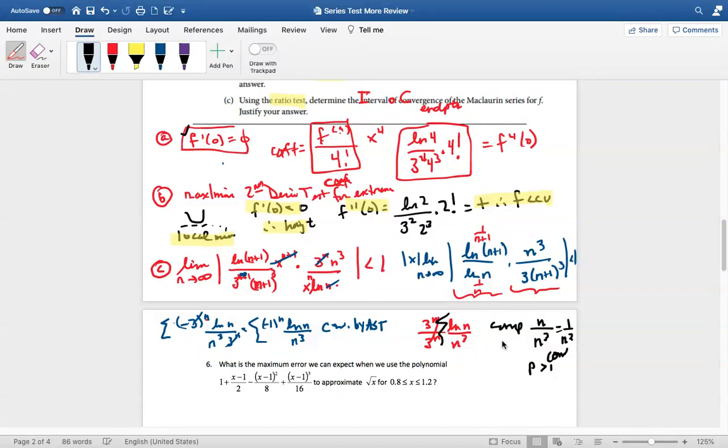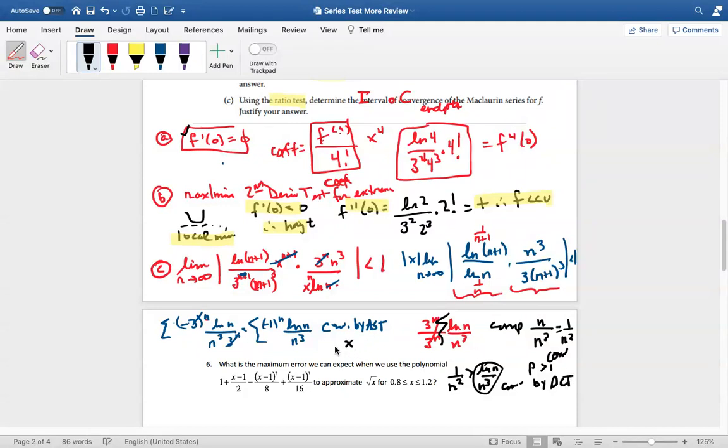With only n squared and n cubed here, it is pretty easy to say that 1 over n squared is going to be bigger than ln n over n cubed starting at some n. Therefore, it converges by the direct comparison test.